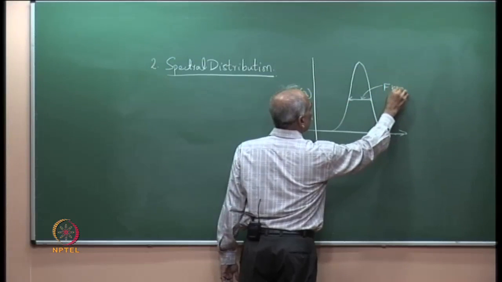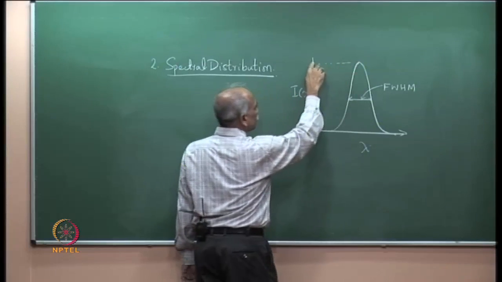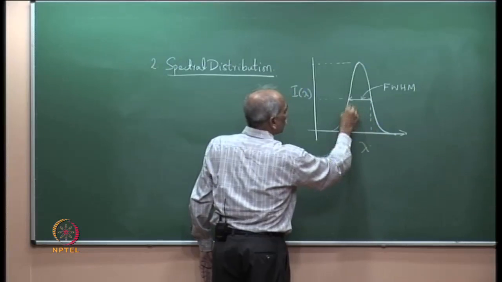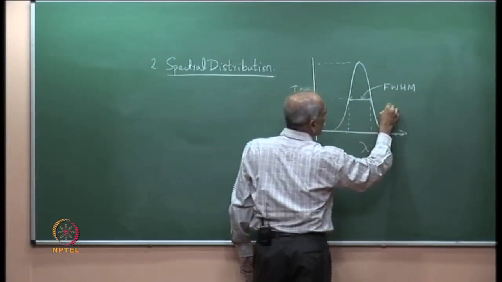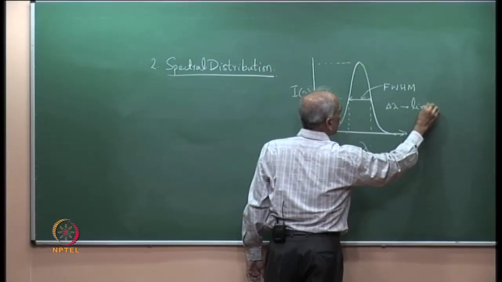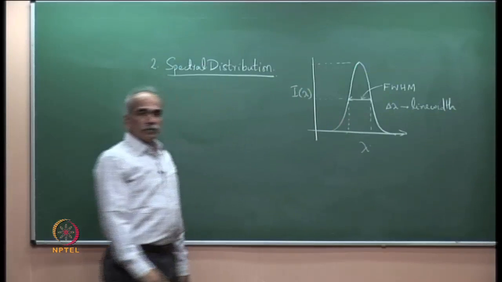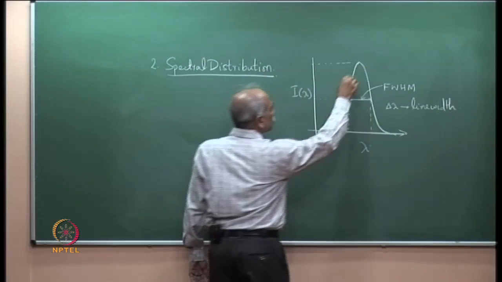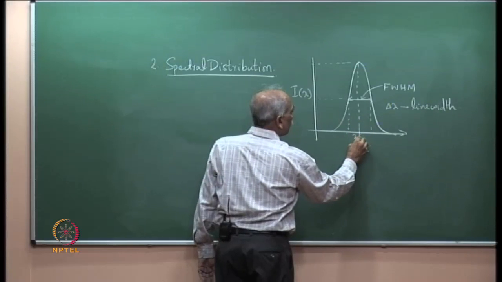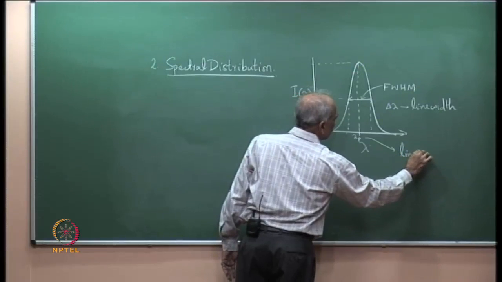That is, if this is the maximum, then the full width at half of it, in lambda, is called delta lambda, the line width. And this is called the line center. The lambda 0 or lambda p is sometimes called line center.